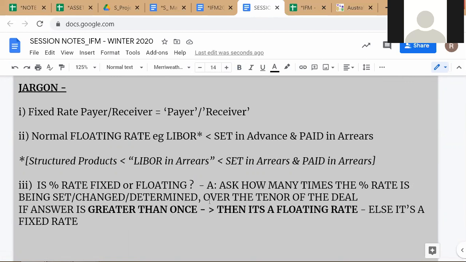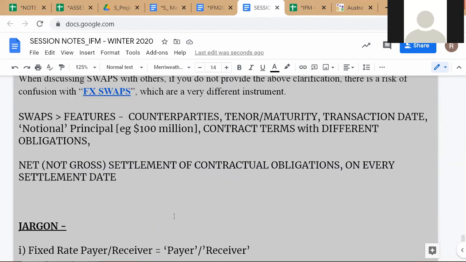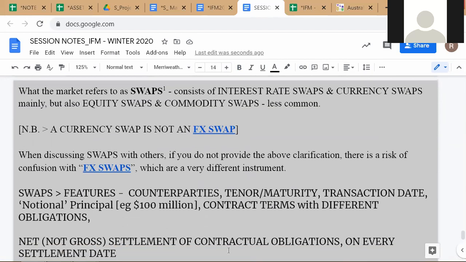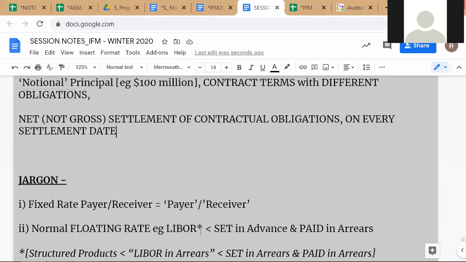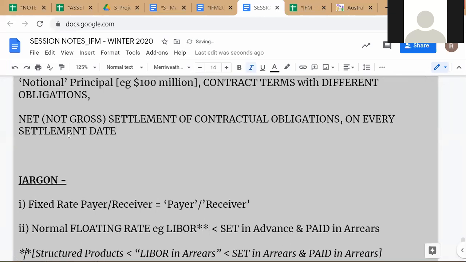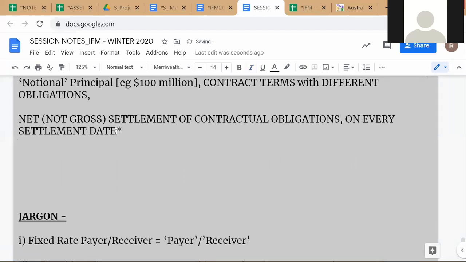We can make a connection between this and that. Every settlement date, and here we have a star. We can put a double star here and a double star here, and we can put a star here.